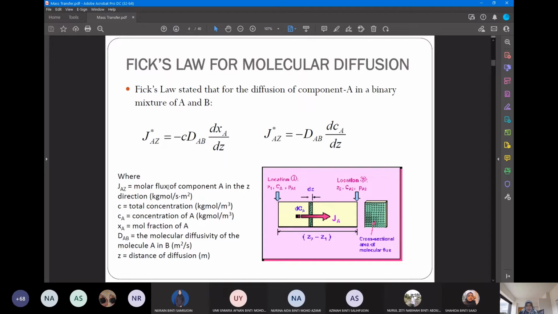And if you remember, electricity also consists of the electric field, medan elektrik. So you can say that the electric field is stronger or weaker.